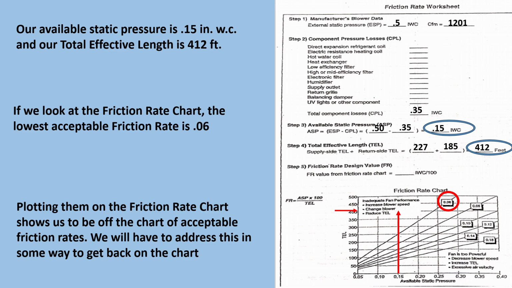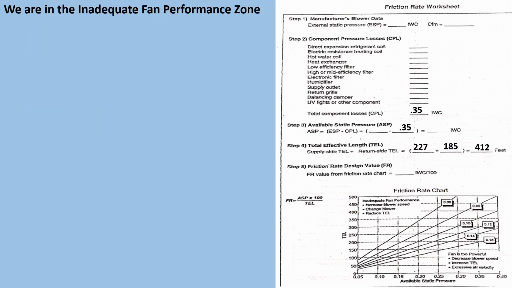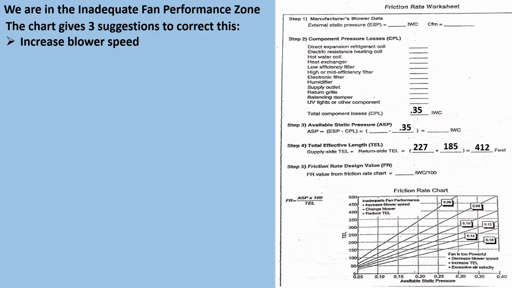We will have to address this in some way to get back on the chart. The chart gives 3 suggestions to correct this: increase blower speed, change blower, and reduce the total effective length.